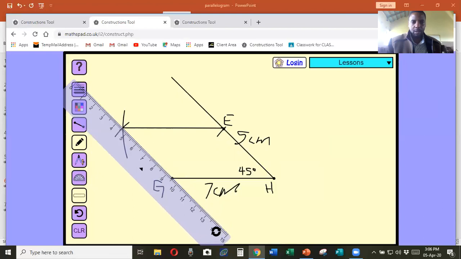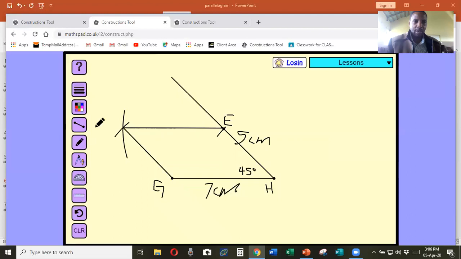Just to be very accurate, we draw a line there to represent it. After completing, now I call this point F. So this is my point F. So my construction is over now.